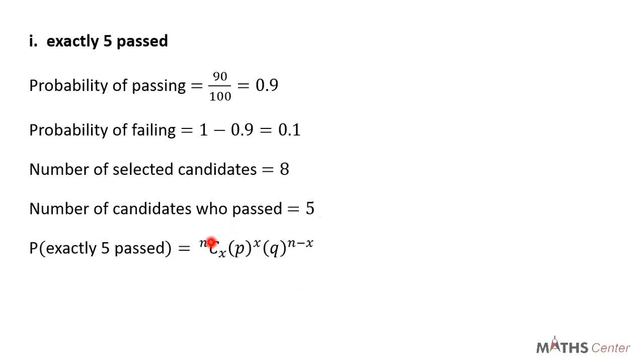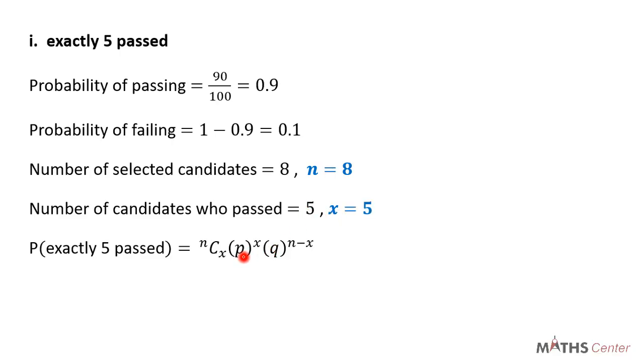So let's find the values of n, x, p, and q so that we can substitute it here. N is the number of candidates that were selected, so n is equal to 8. X is the number of candidates that passed, so x will be equal to 5.